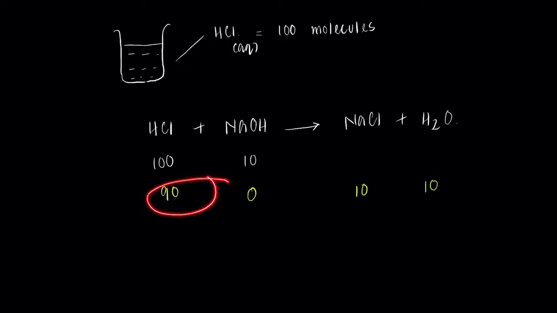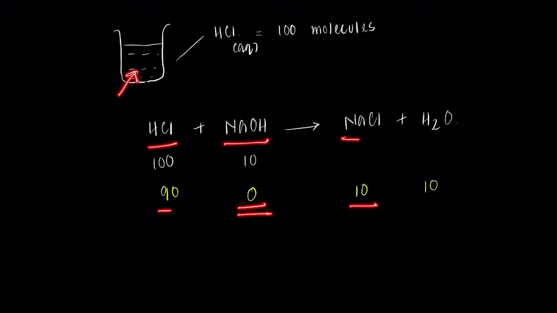So the solution is still acidic. It's still 90, right? Because as long as there is acid inside, the NaOH will react and disappear. It'll turn into salt, which is neutral. Sodium chloride is neutral. Water is also neutral. So this is still an acidic solution and the color will remain colorless. Nothing's going to happen.